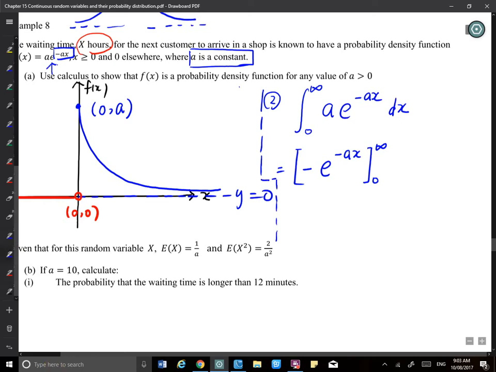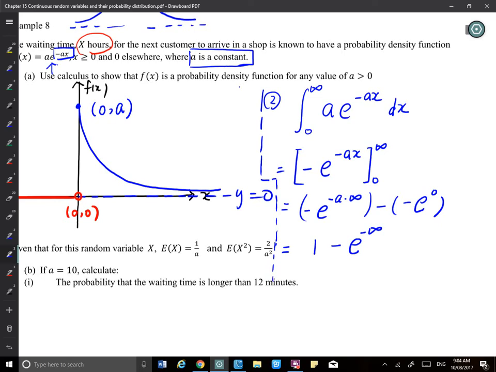What I substitute is minus e to the minus a times infinity, just put the infinity here, subtract minus e to the power of 0. That is a 1, so it's plus 1 minus e to the minus a times infinity. Minus a times infinity is still minus infinity. Any number times infinity is just an infinitely large number, and an infinitely large number times another number is still infinitely large. So you have minus infinity here. The a value doesn't really matter.